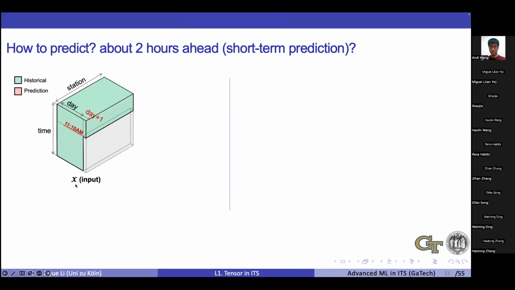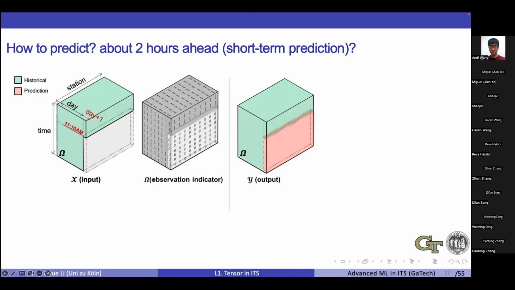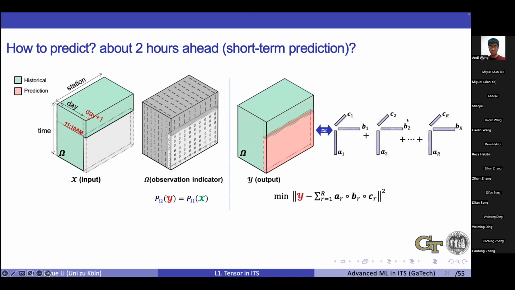So this is our input X, and we want our output Y. In the observation set omega, the green part of Y should be equal to the green part of X. Also our Y needs to be completed for the red part. This is the observation indicator, which is another tensor. And we also want our Y to have the nice decomposition we formulate, for example, CP decomposition.